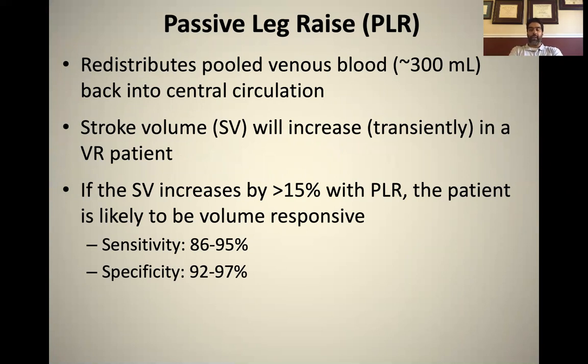The best way to do a passive leg raise is to see if the stroke volume increased. If your stroke volume increases by at least 12 to 15% with the passive leg raise, the patient is very likely to be volume responsive.